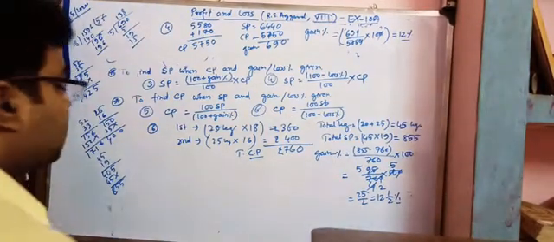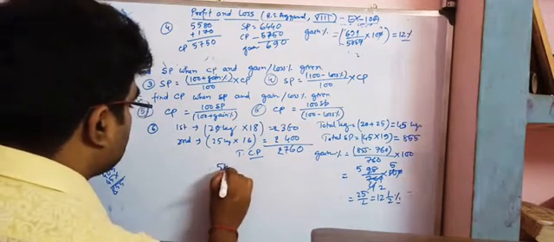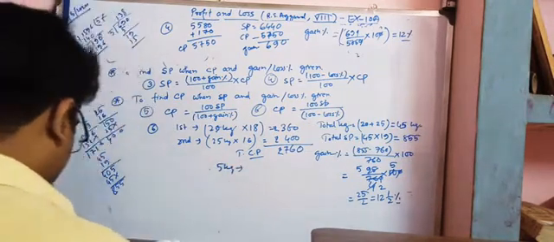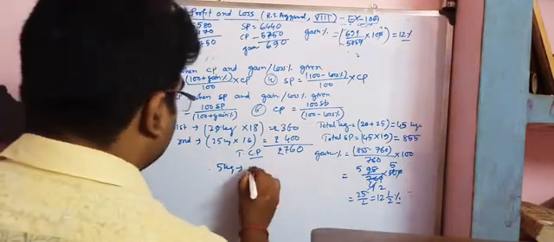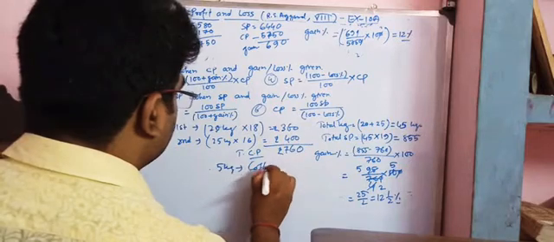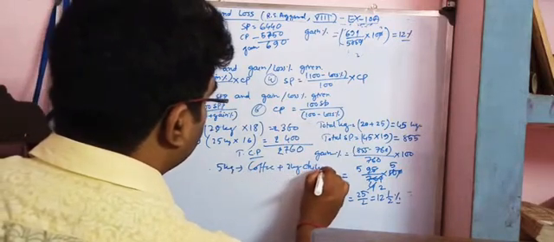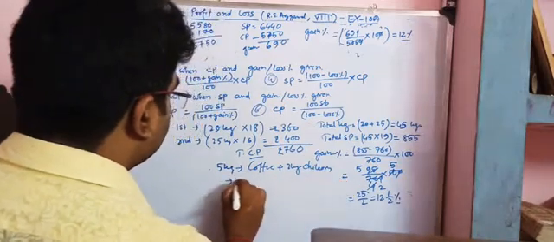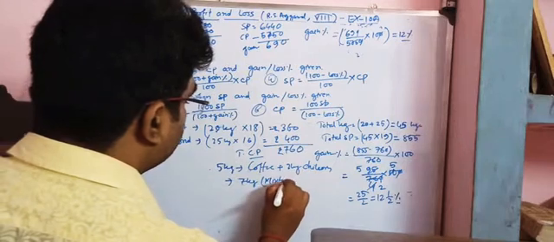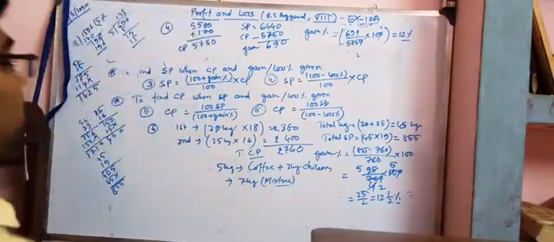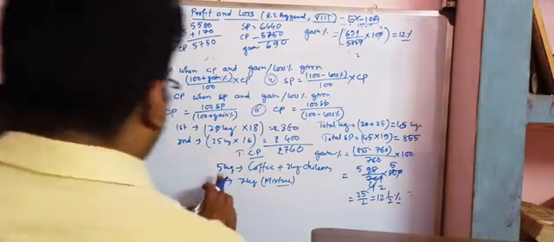Okay, 5 kg of coffee plus 2 kg of chicory. So the total mixture is 7 kilogram. So now we have to compute.